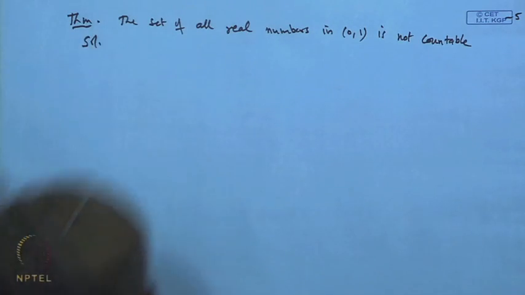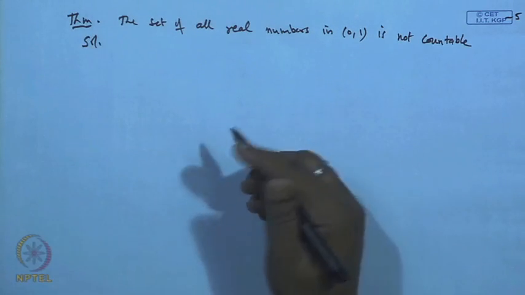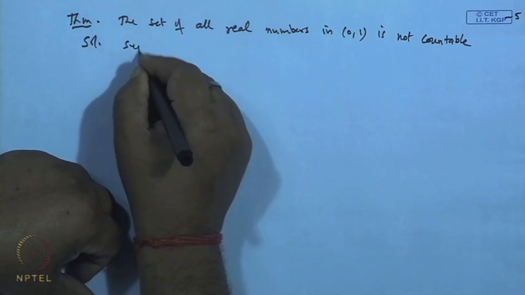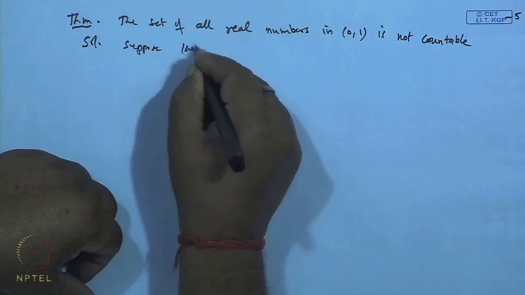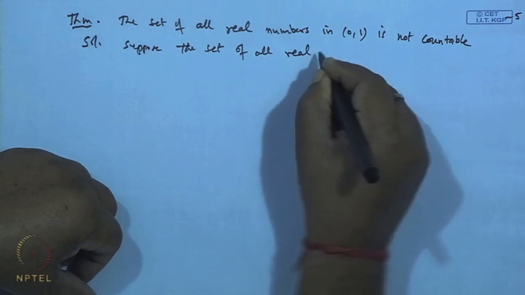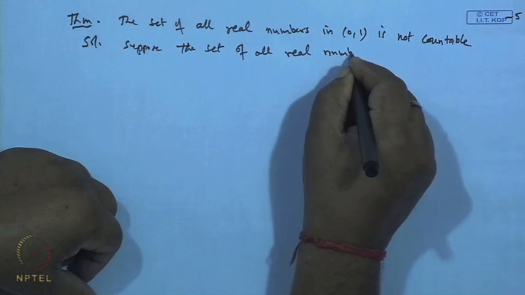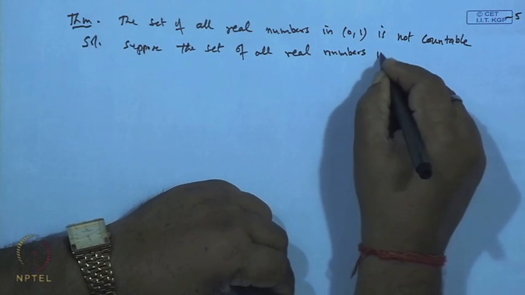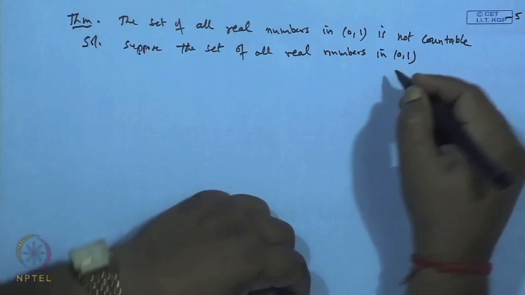The reason is like this. Suppose the set of all real numbers in the open interval 0 1 is countable.